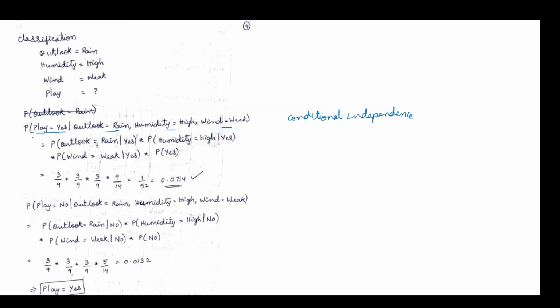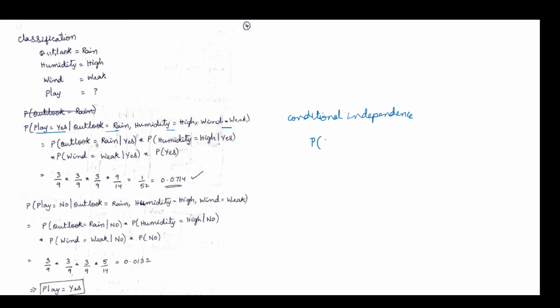So we have probability of outlook equal to rain given yes, probability of humidity is equal to high given yes, multiplied by probability of wind equal to weak given yes, and finally multiplied by P of H, the prior.